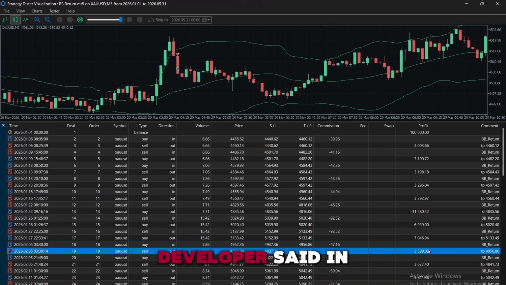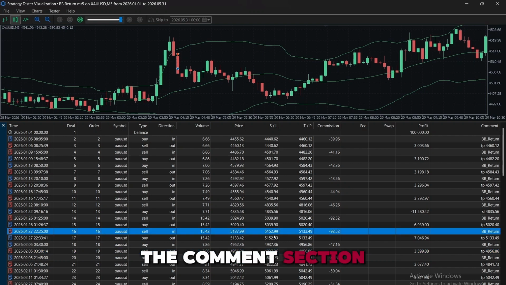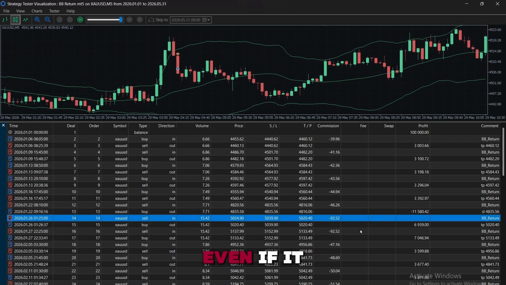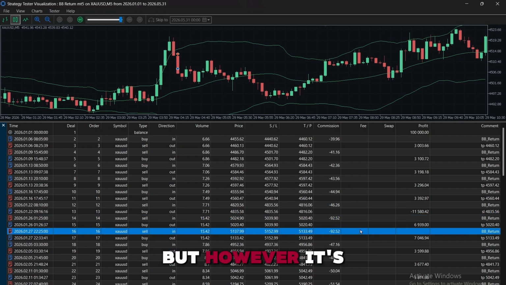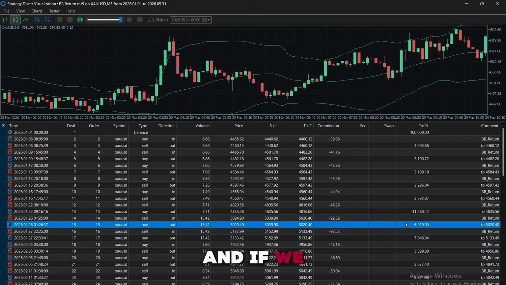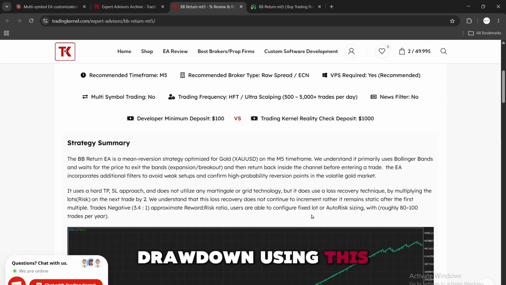According to what the developer said in the comment section, this value doesn't increase from this, so it just remains at this double, even if it makes a loss again. However, it's still very risky. We made an $11,000 loss here, and if we made another loss here, that's probably above $11,000. So it's going to put us in a very significant drawdown using this strategy.